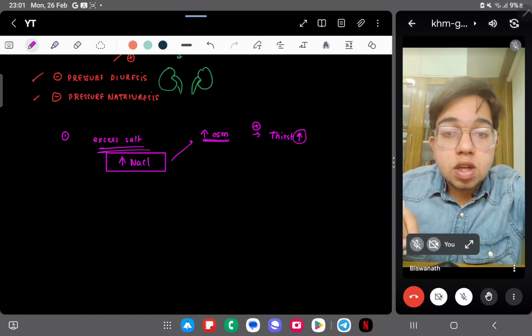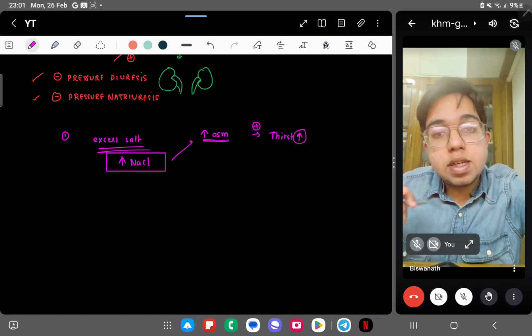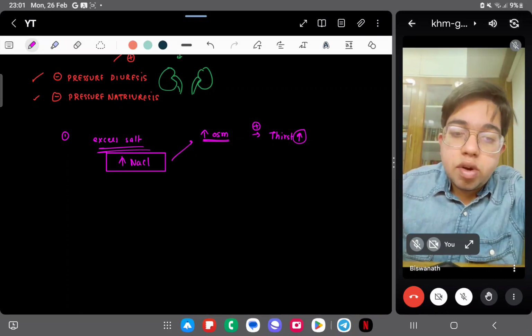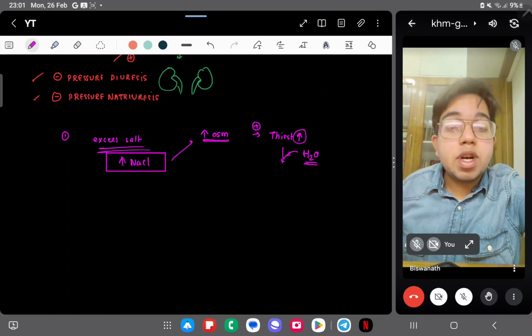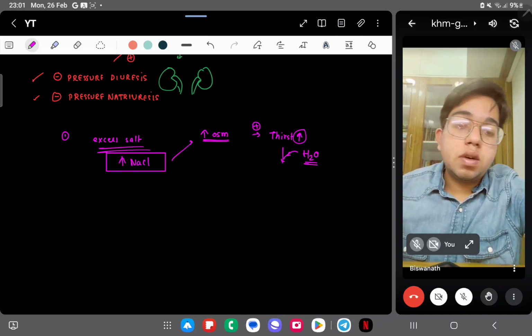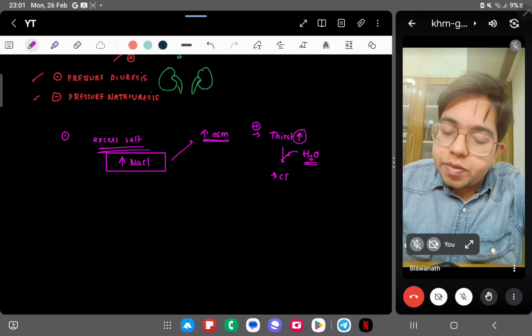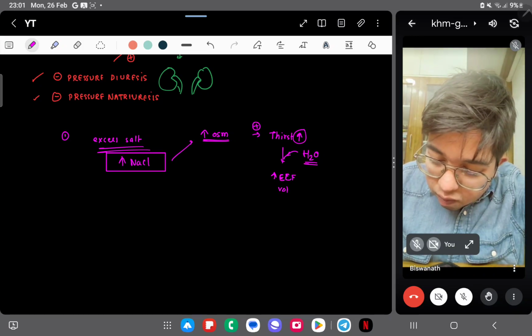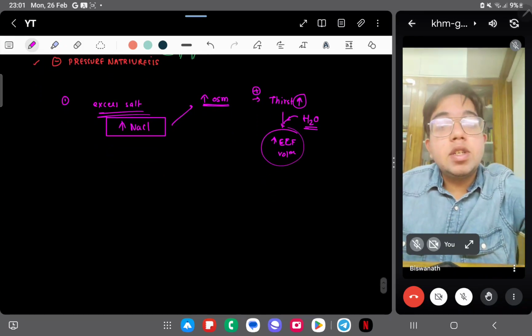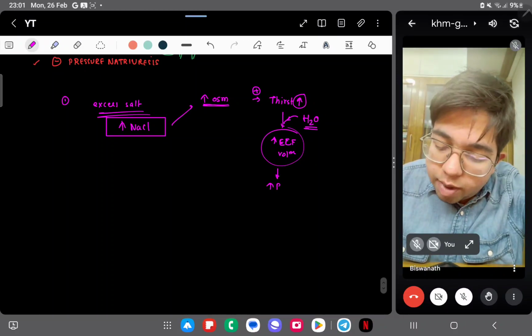And if this thirst is increased, you drink more water, it will increase your extracellular fluid, ECF volume. It increased your ECF volume, that is, it increased your blood pressure.